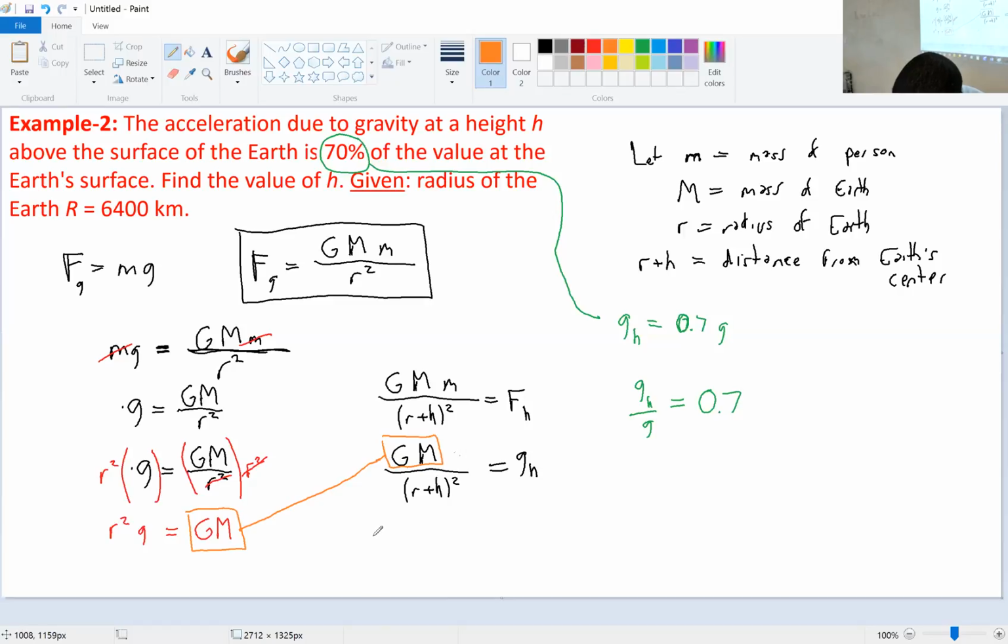So just do a quick replacement. G R squared over R plus H. Multiplication is commutative in this case.